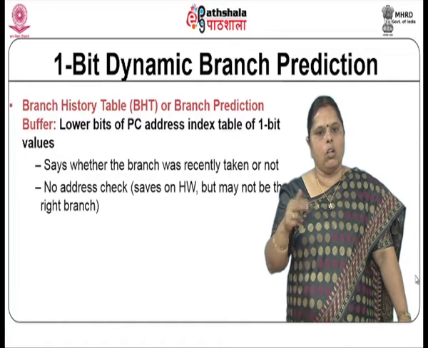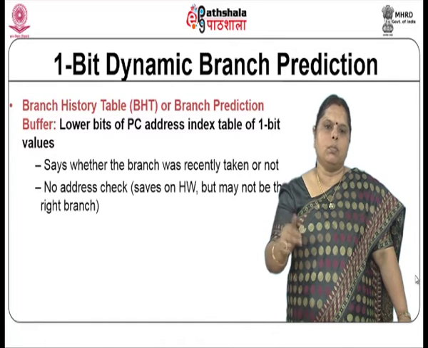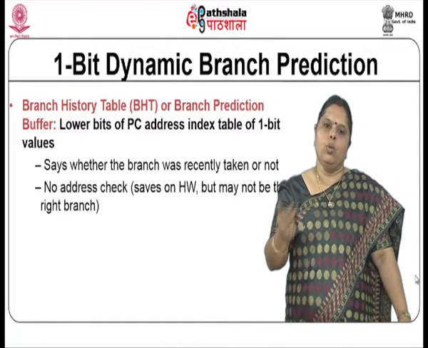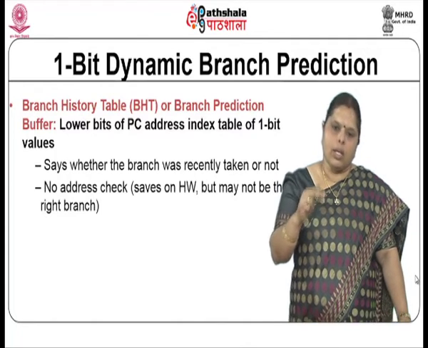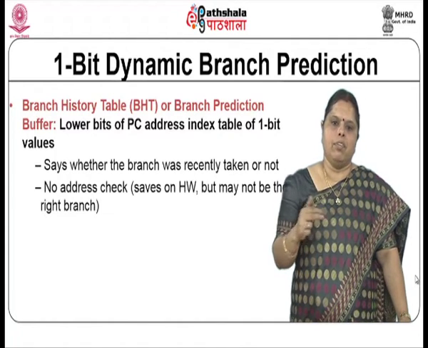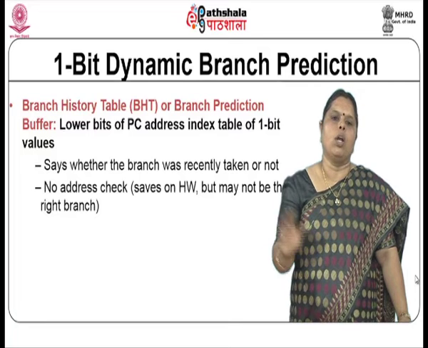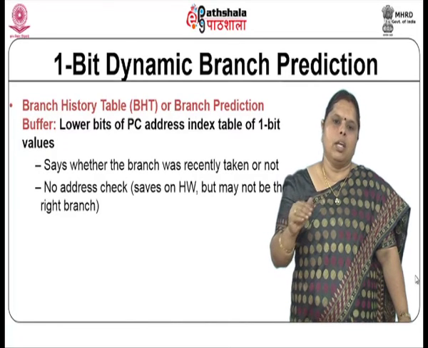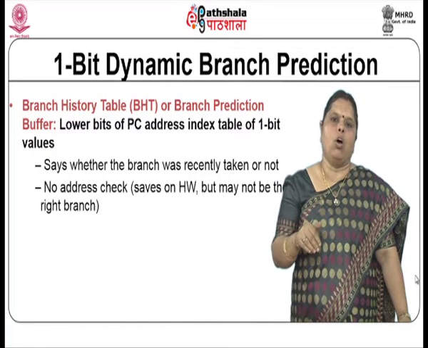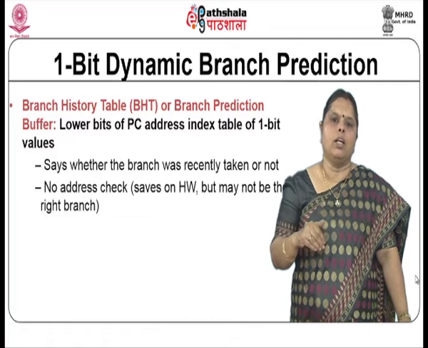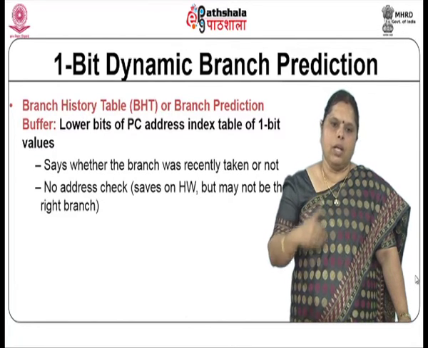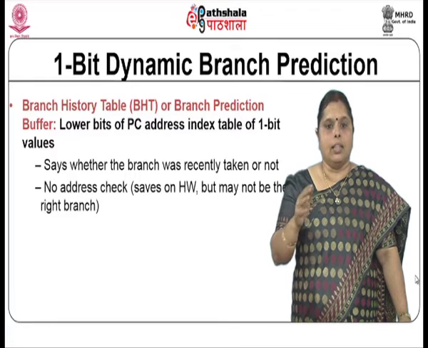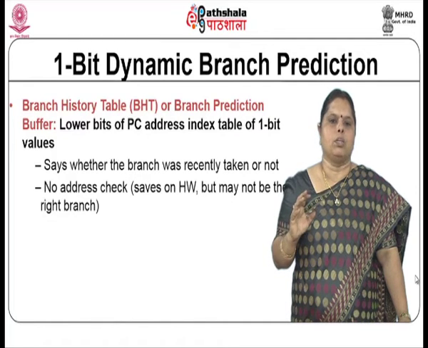Now, this is a prediction. So, you assume that the branch target address is known to you, you assume that the sequential address is known, and accordingly fetch. Now, when you actually resolve the branch and find that your prediction was right, you do not have to pay any penalty at all. But if you find that your prediction was wrong and you fetched from the wrong path, then of course you will have to flush your pipeline, bring in instructions from the correct address, and at the same time update your branch prediction buffer.